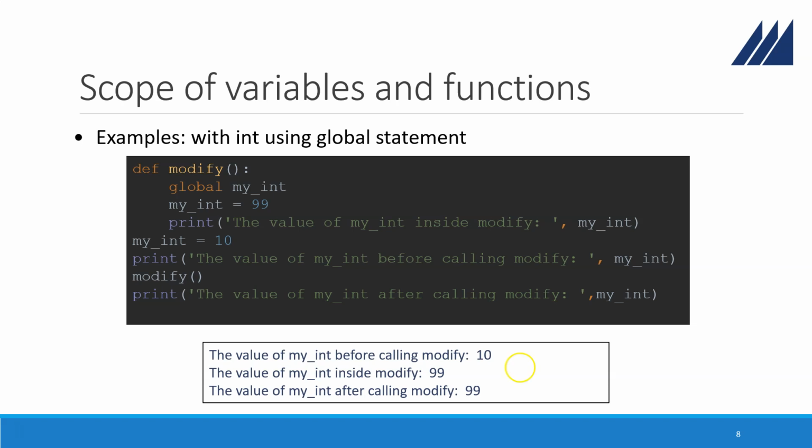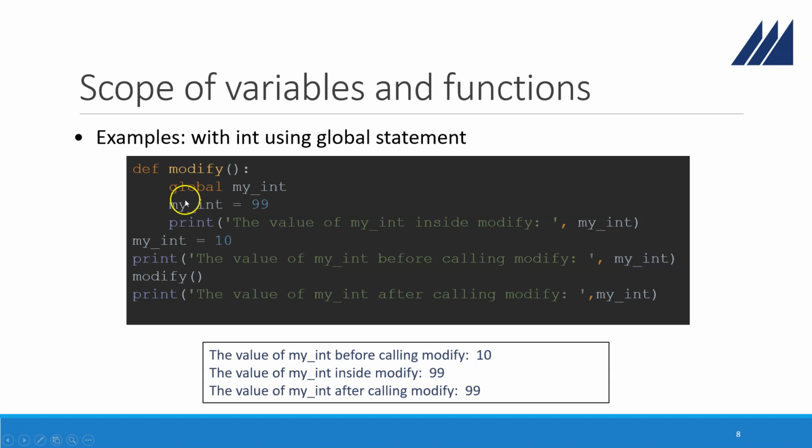How can I use the word global? The same program that we saw earlier, we have to add a new line. We call global and then the name of my variable. So you will see the output of this program is going to be the value of my int before modify is 10, which is this line over here. Then I called modify, printed out, I said global.